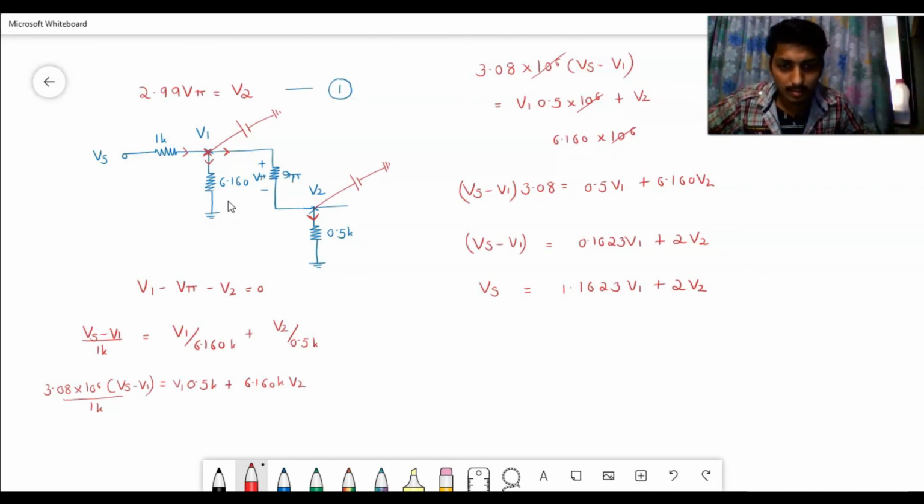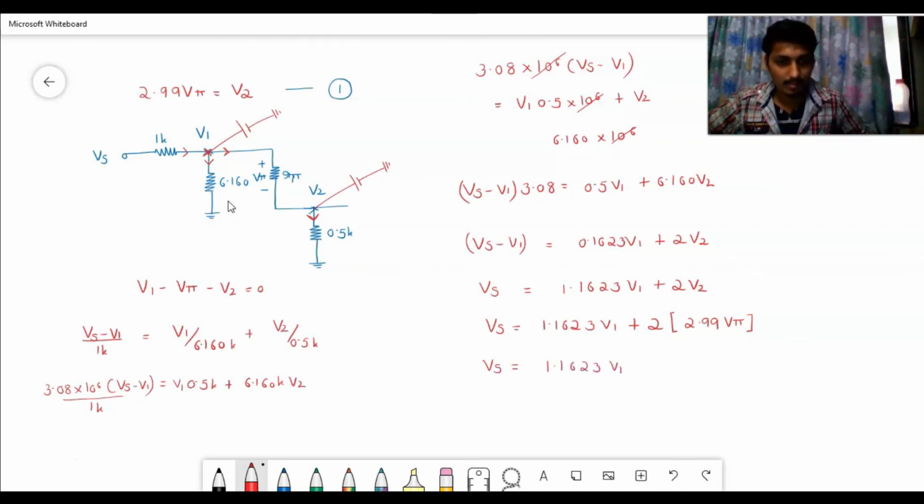So Vs equals 1.1623 V1 plus 2 V2. So V2 is nothing but 2.99 V pi, and this is nothing but 5.98.